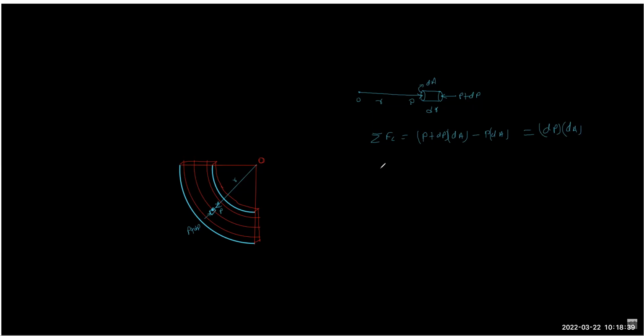Now, how to write the mv square by r? If the velocity of the particle is v, this must be equal to dm v square by r. Therefore, dP dA equals the mass, which is density into volume of the cylinder, dA dr, times v square by r.